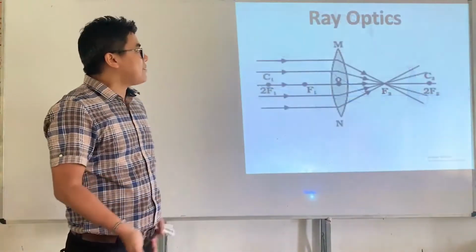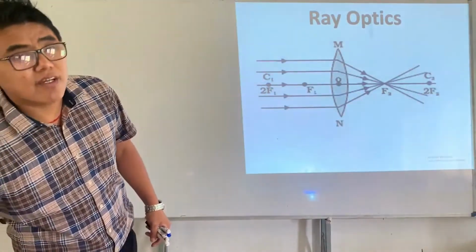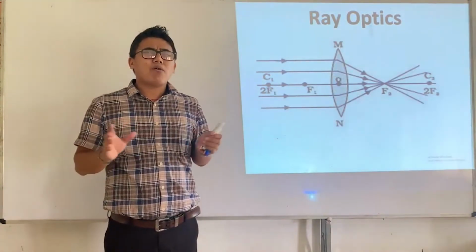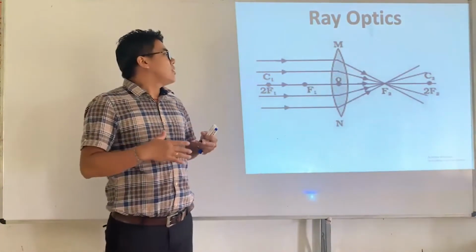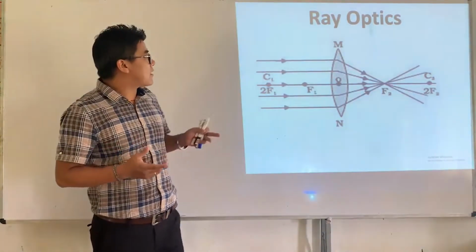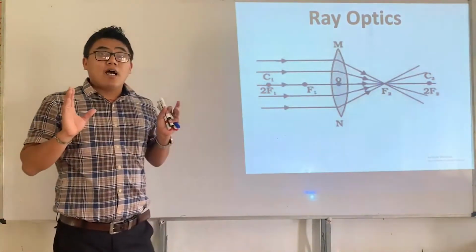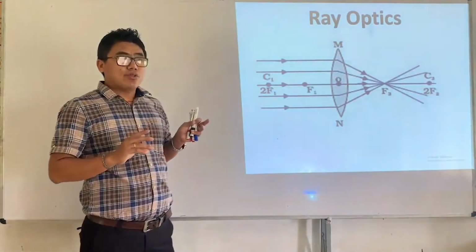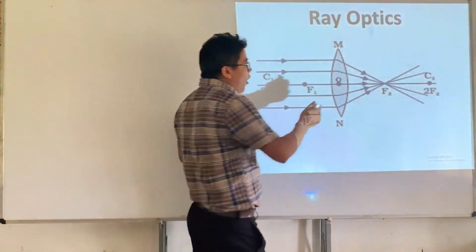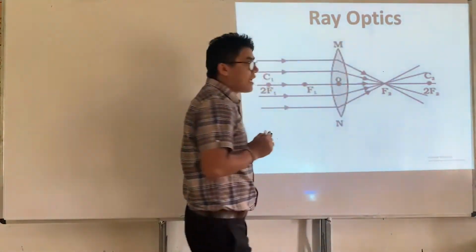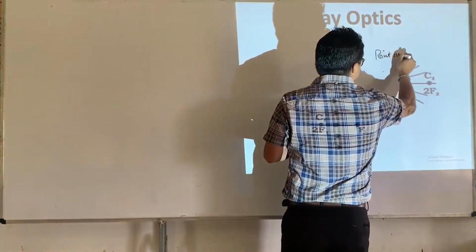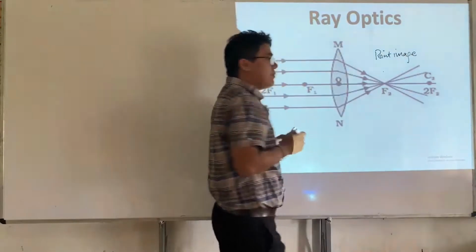Now let's say light were of a ray nature, then we wouldn't come across a phenomenon called resolving power. In ray optics, when the light from a source passes through this lens, we will get a point, a point image.